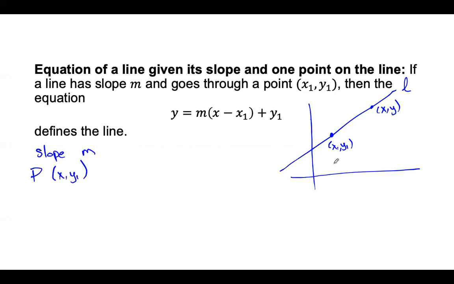So this is a particular point. Let's write it down. Point on the line. And this is just a generic point on the line.